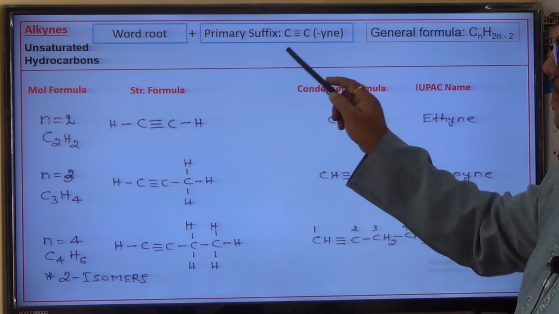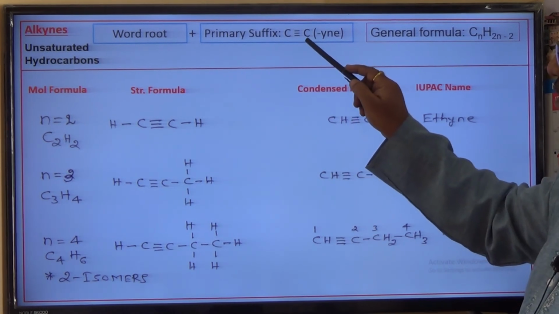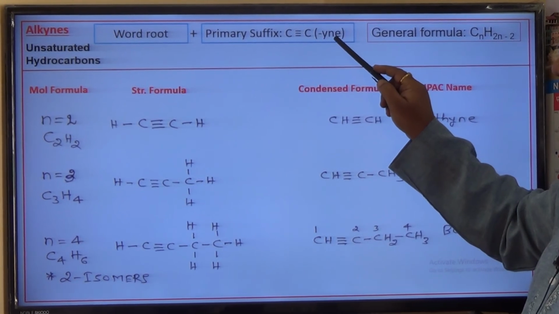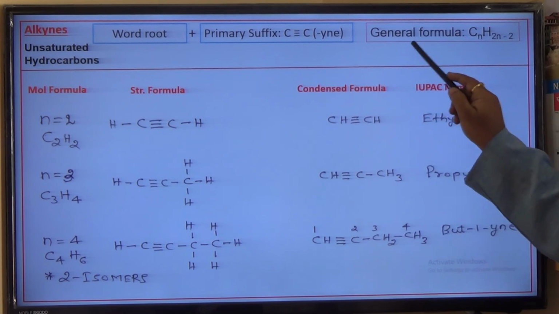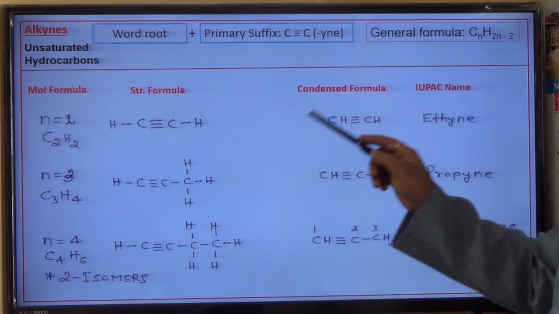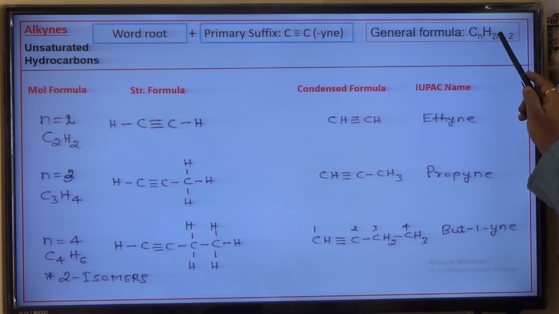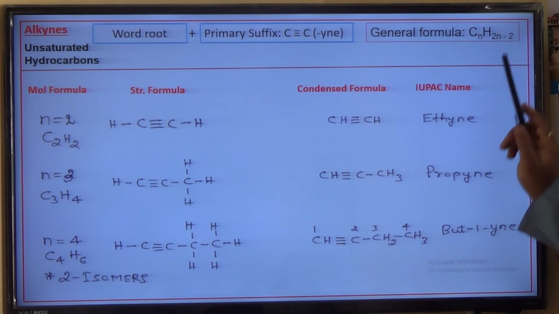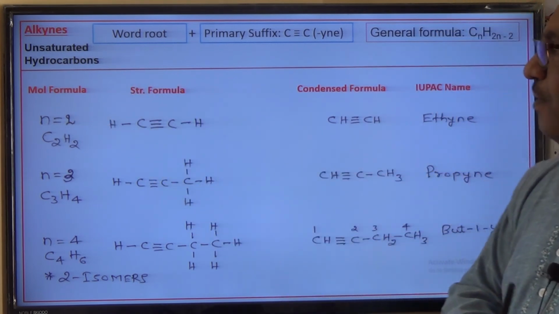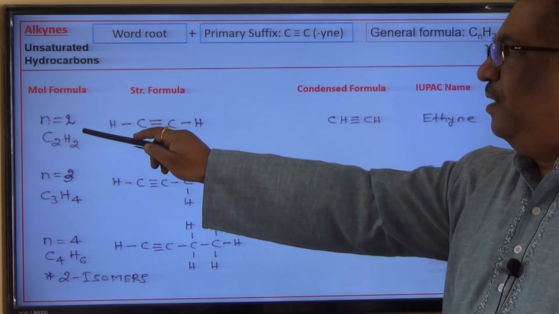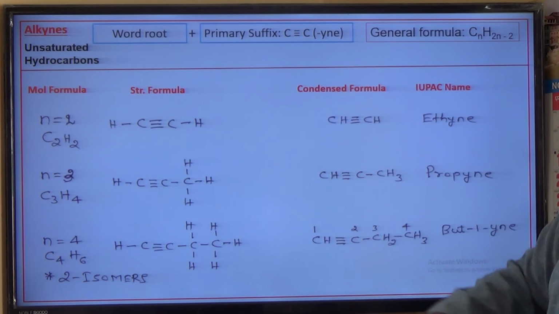As alkynes contain a triple bond between carbon atoms, yne is to be added after the root word. The molecular formula is derived from the general formula CnH2n-2. Here also in alkynes, the first compound starts at n equals 2 in order to have a triple bond.